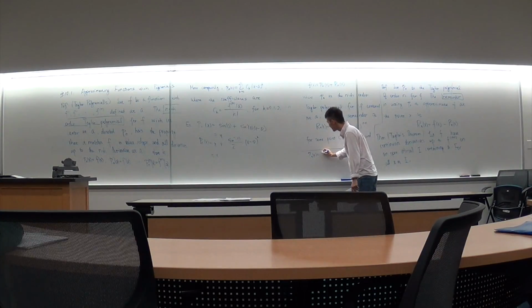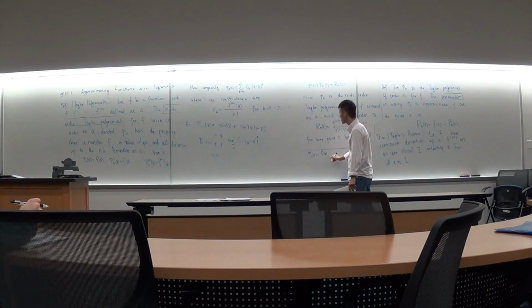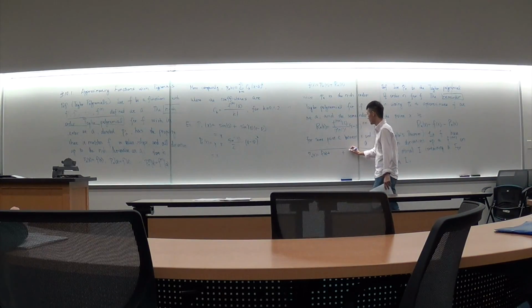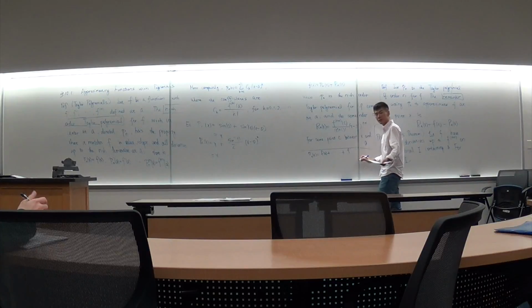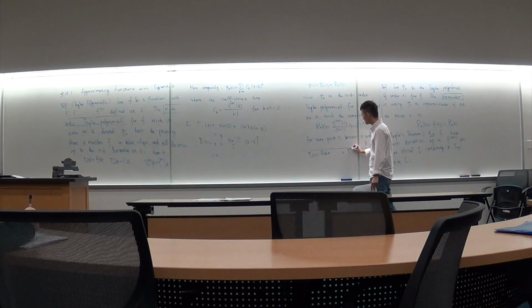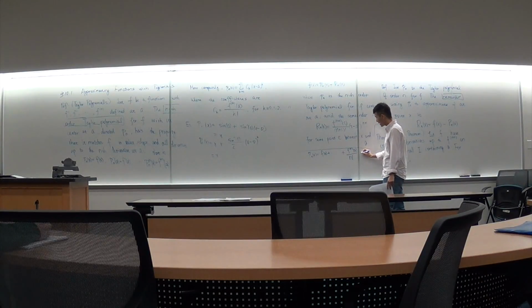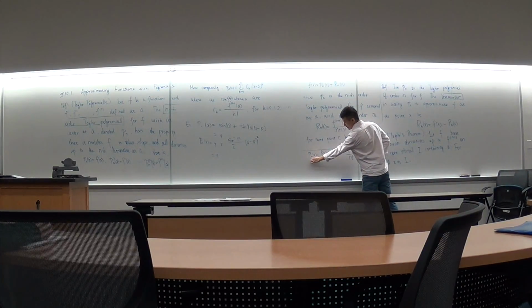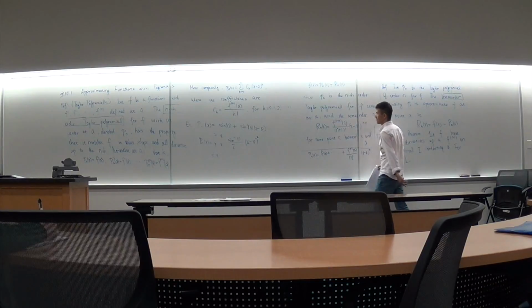The first term is f of a. The last term is the nth derivative of f evaluated at the center a, over n factorial, times x minus a to the nth power. That's the nth order Taylor polynomial.